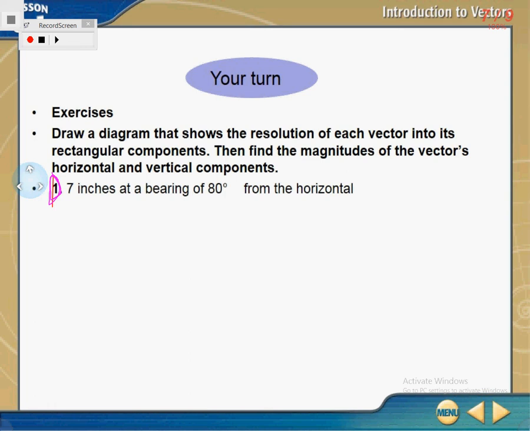Do you want to try? Yalla, 1 minute. Let's start with the graph. This is 80, again 80 from the horizontal. He said to start from the horizontal, which means it's 80.